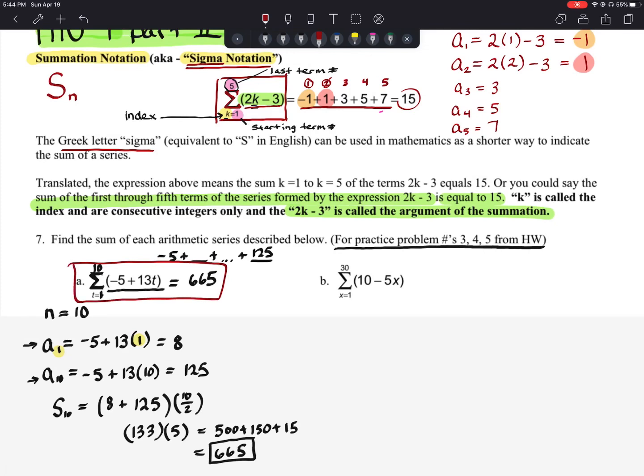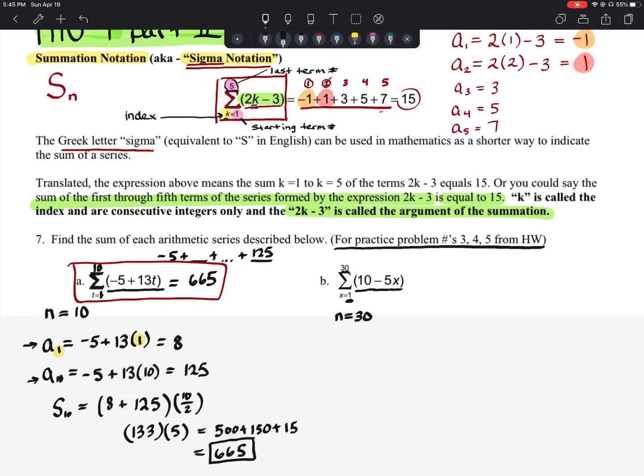Now if you want to pause the video and try this one on your own, please feel free to do that. I'm going to go ahead and solve it here just in case somebody has a question about it. We're trying to find the sum from the first term to the 30th term of the series that's generated using this rule here. Since I know it starts with 1 and goes to the 30th term, I know that there are 30 terms.